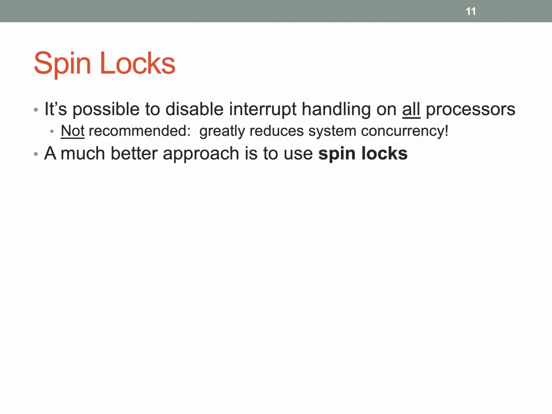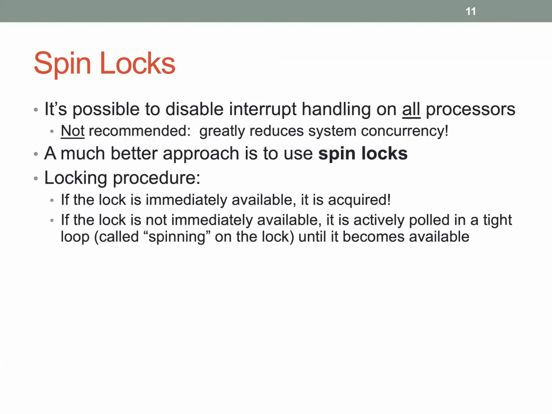And so there's another technique that people use called a spinlock, which you may have heard of. I think the name is very apropos given how it works. Basically, when you try to acquire a spinlock, if it's available immediately, you acquire it. It's yours. If it's not immediately available, you busy wait.